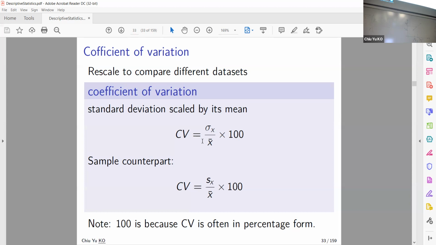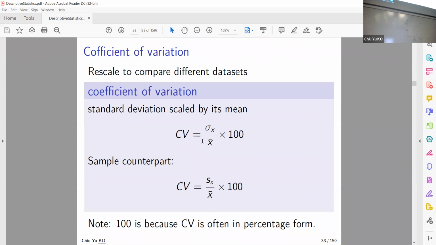Maybe our class has higher variance than the other class, but it may just mean that our class has higher scores. Suppose I use scores from 0 to 100, and the other lecturer uses 0 to 10. From 0 to 10, the variance can be very small, right? I use 0 to 100, so the scores can be very big.